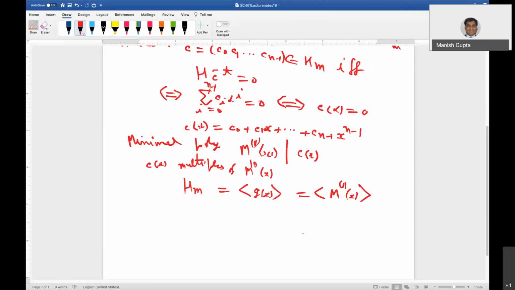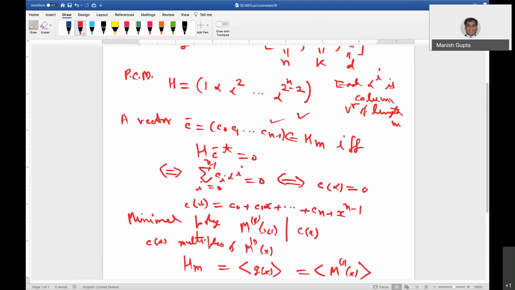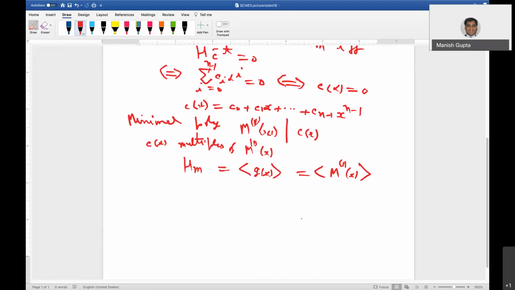Now we have taken the same approach and we added more columns into it. For the double error correcting BCH code, what we did, we took H to be 1, alpha, alpha square, up to alpha raised to power 2 raised to power m minus 2, and then, if you remember in the last lecture, alpha cube, alpha raised to power 6, up to alpha raised to power 3 times 2 raised to power m minus 2, right?